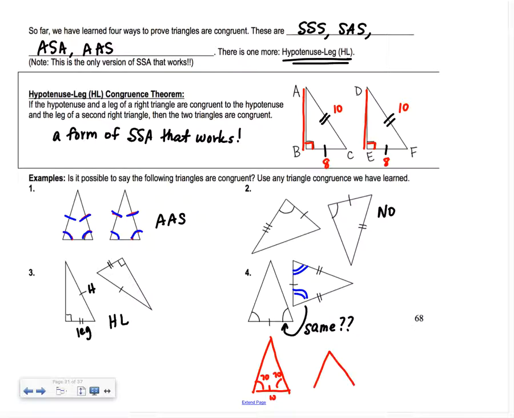I could still have the 10 on the bottom, but these could be like 80 and 80, right? That still makes these markings the same. Oops, I guess I need 2 marks for those. Those still have the same markings, but those are totally different triangles, okay? So be really careful and don't assume that certain angles are congruent to angles in the other triangle. All right, so let me stop there.